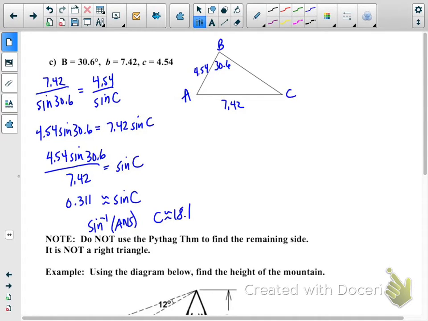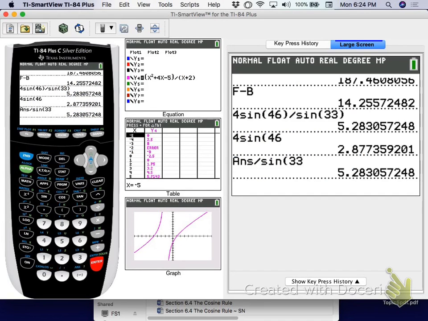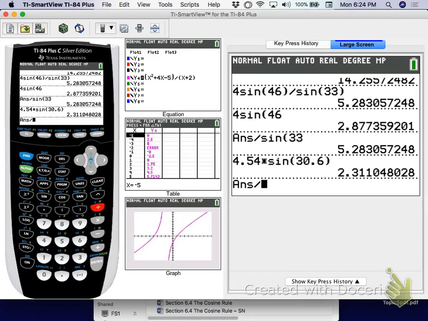Just in case we need to see that, let me show you how that would look in the calculator here again. So 4.54 times the sine of 30.6. Now remember, either close that parenthesis before you do the divided by or hit enter. I actually did both there. Didn't really mean to do that. Divided by 7.42.